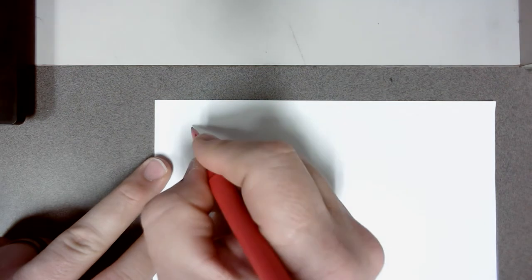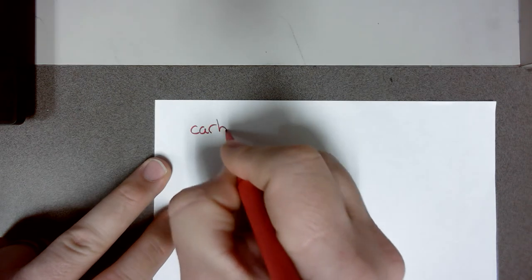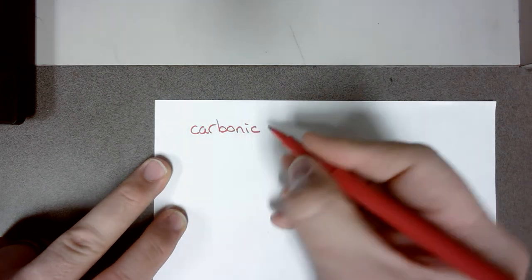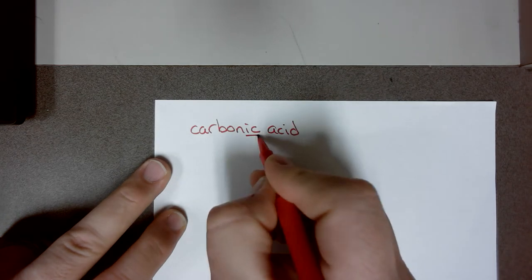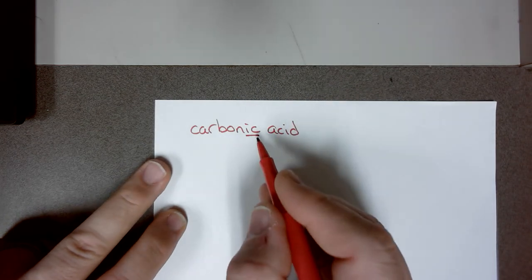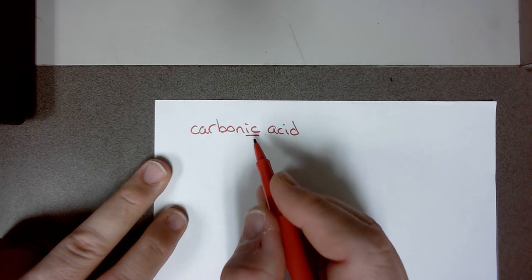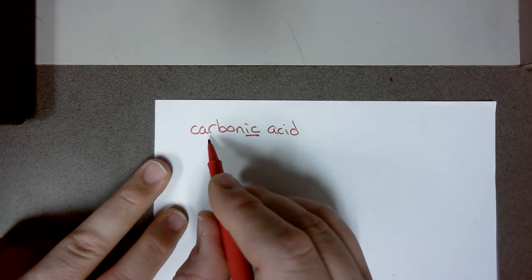So let's say I give you a name like carbonic acid. The first thing I notice is that it's ic, and remember ic has the ate anion, so that would be carbonate.